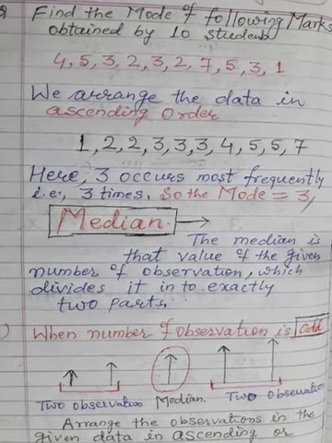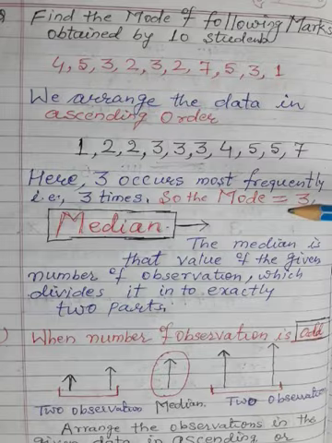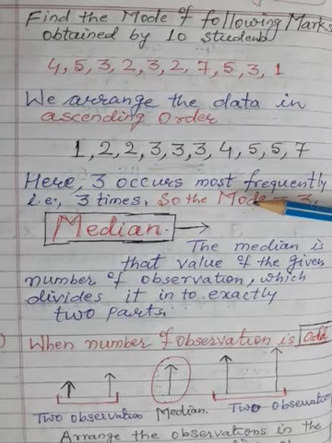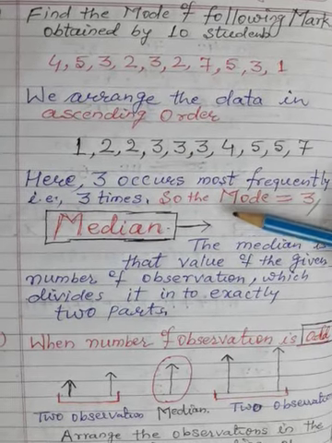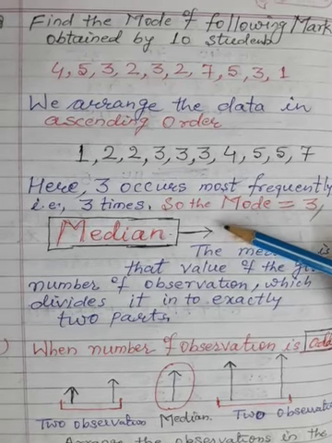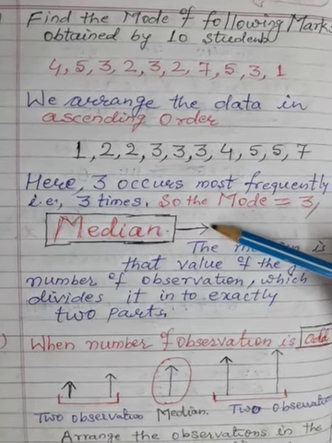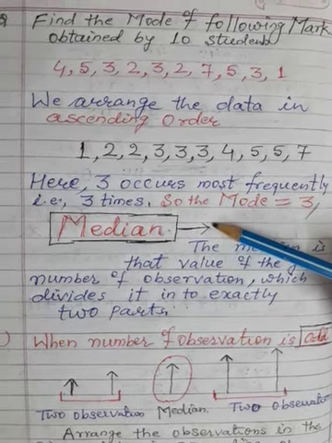Median. After mean, arithmetic mean, average, and mode, this is the third one, median. The simple meaning of the median is the middle value.